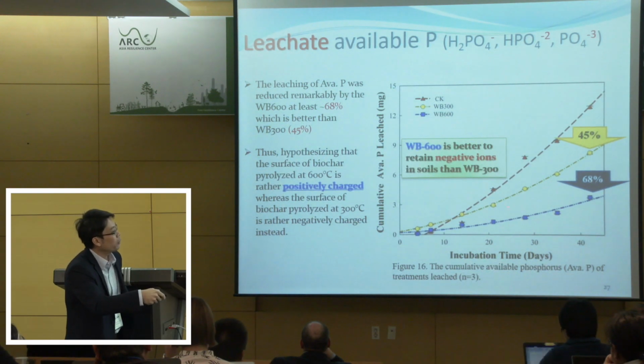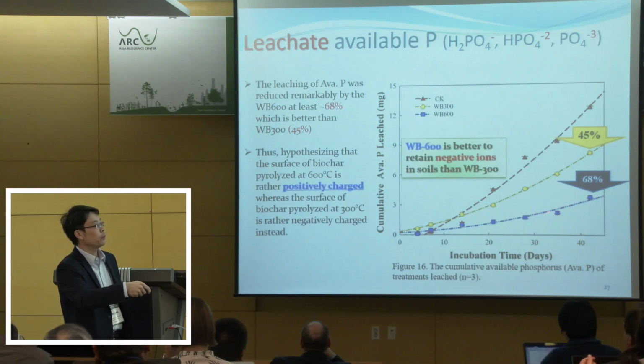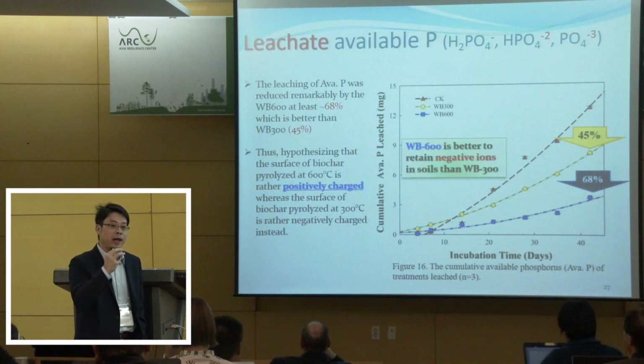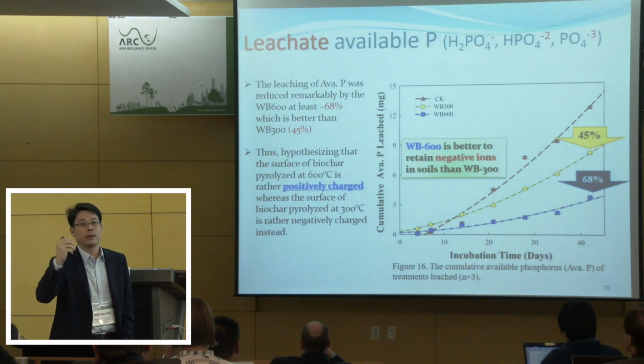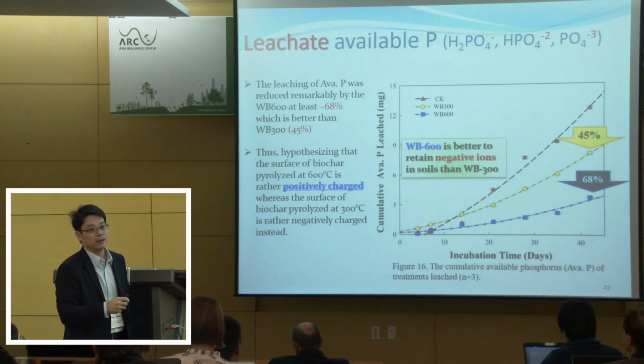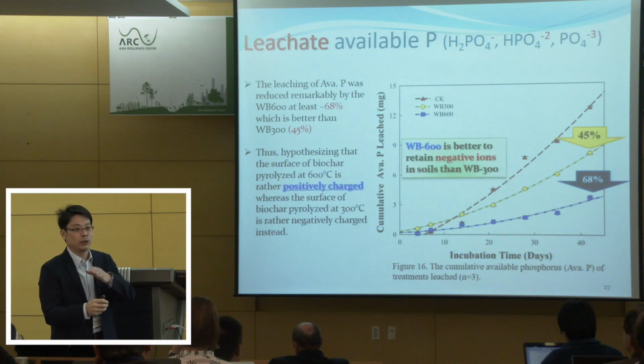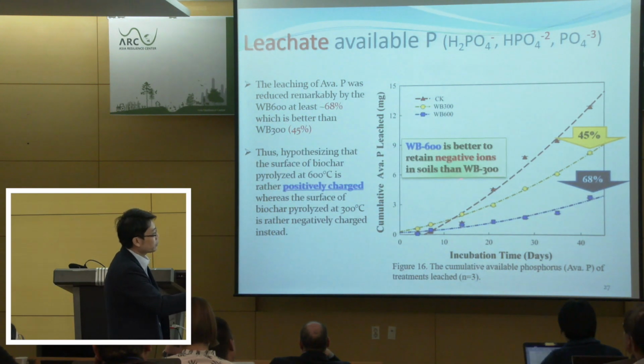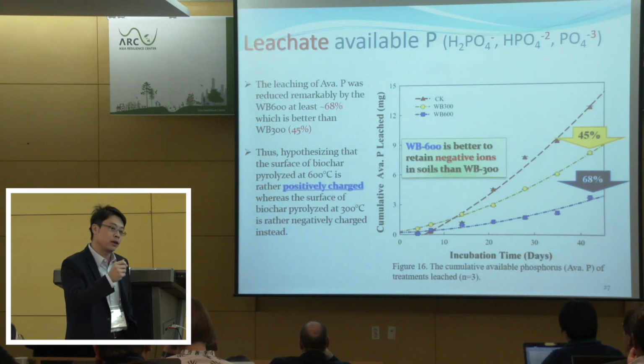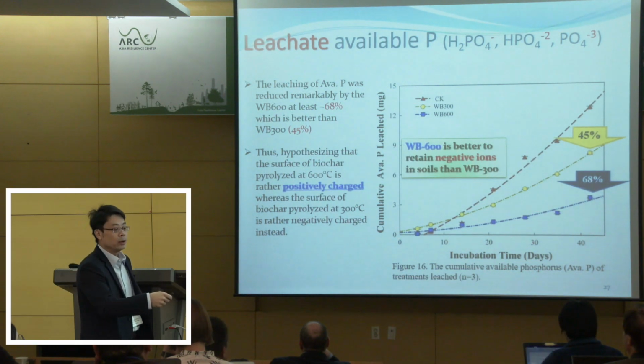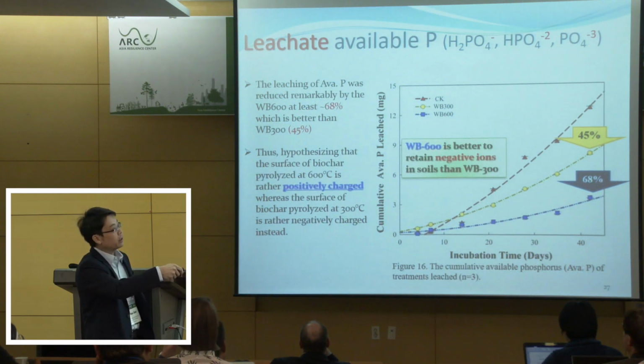From my result, we found the high temperature biochar is much better at retaining the anion than low temperature biochar, in contrast to the result for the ammonium nitrogen and the potassium. So if you want to retain the phosphorus in the soil, you should use the high temperature biochar, which is better at retaining anions in the soil than low temperature biochar.